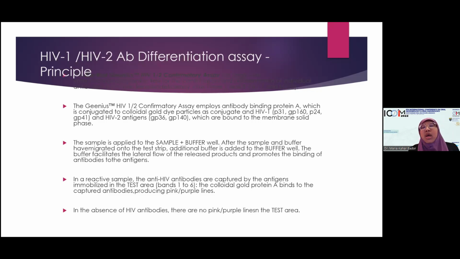There's an antibody binding protein which is conjugated to gold dipeptides. It's a very standard ICT, and the anti-HIV antibodies are then captured by the antigens which are immobilized in the test areas. There are bands, band 1 to 6, and if there are no antibodies, there are no lines.